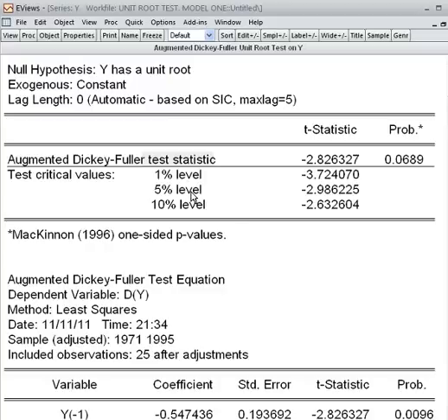That is the standard procedure. But if the test statistic is less than the critical value, we cannot reject the null, meaning that we accept the null. So that is the guideline.